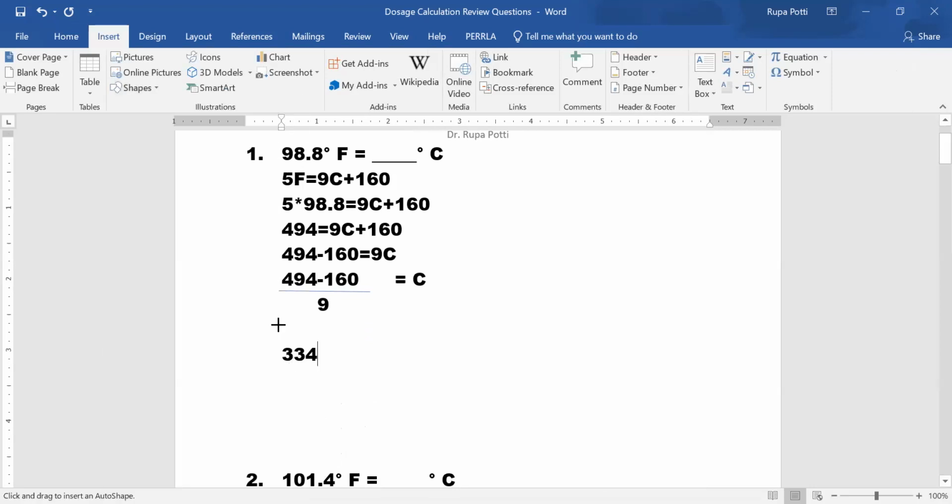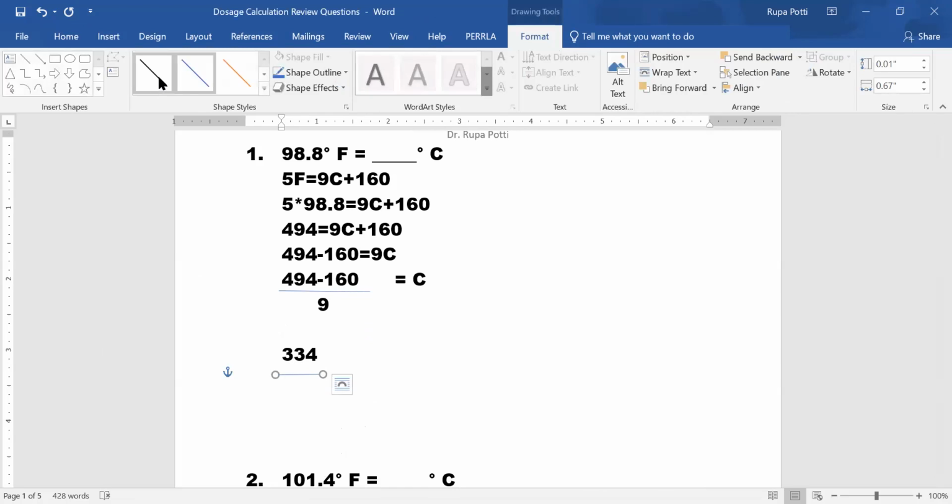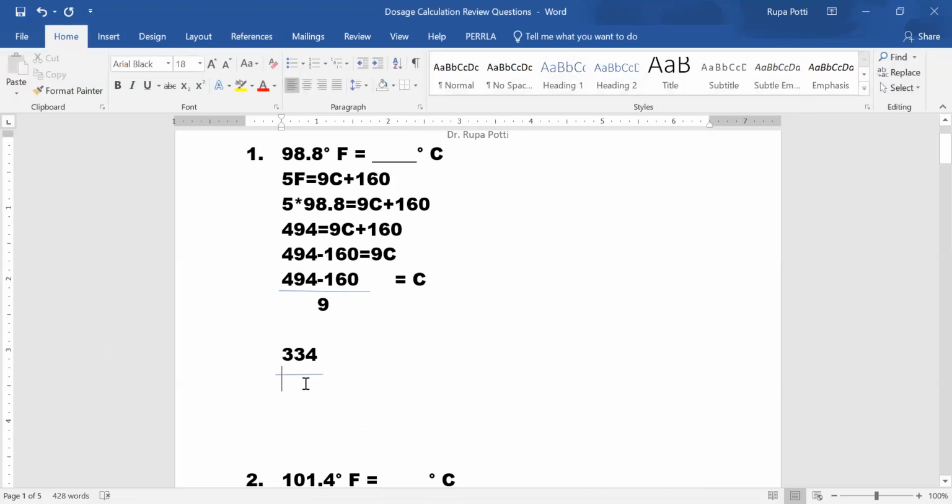This is the one I was asking you to be patient with me on, as I pull lines down. This is equal to C, which is nothing but 37.1, our centigrade.